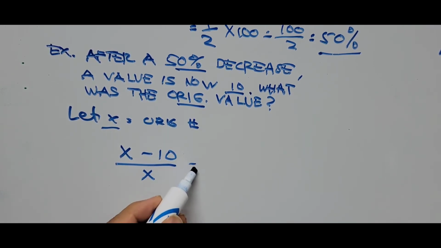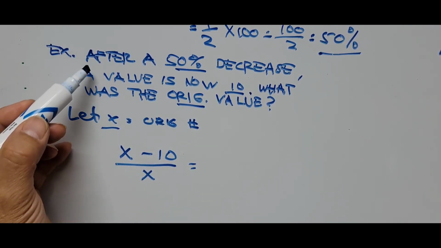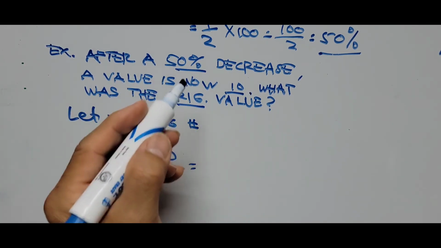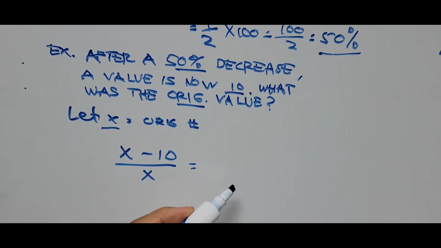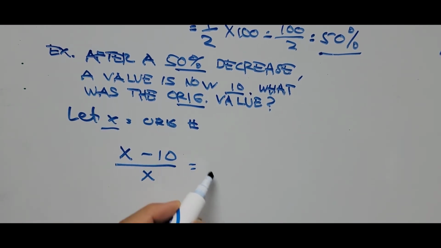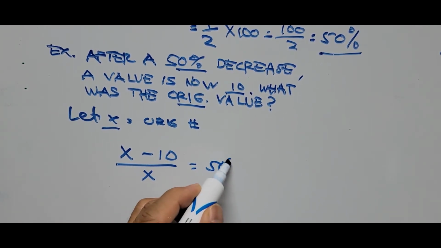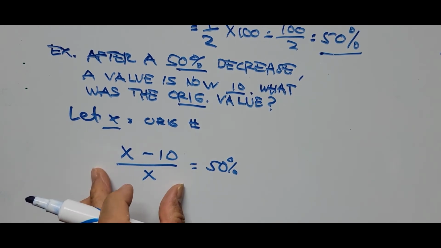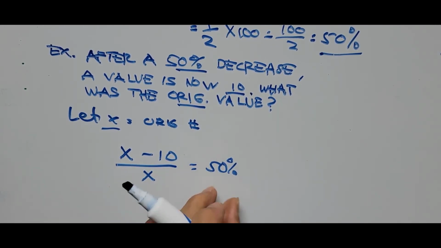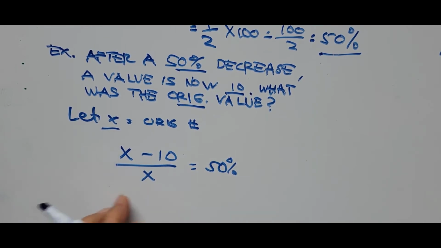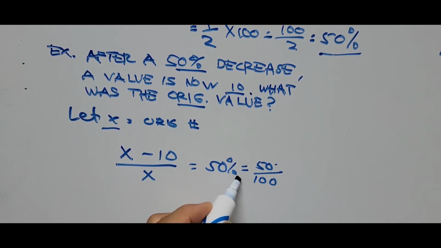And then we equate that to the 50% decrease, so we write that 50% over here. Once again, since this is a numerical value, not a percentage value, we have to convert that 50%. 50% is equal to 50 over 100, to get rid of the percent sign.